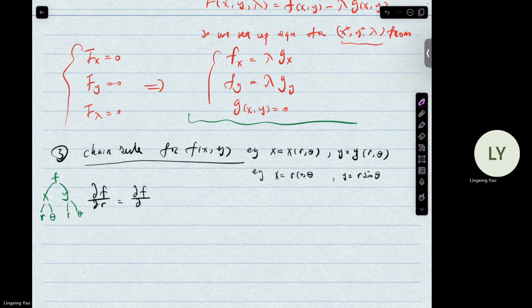With this branching structure, when we try to compute partial f partial r, we have to go from f through x and reach r, and we also need to go from f through y and reach r.